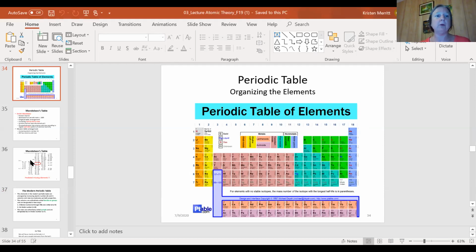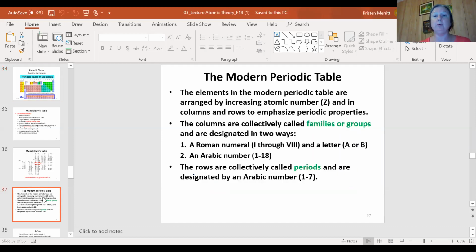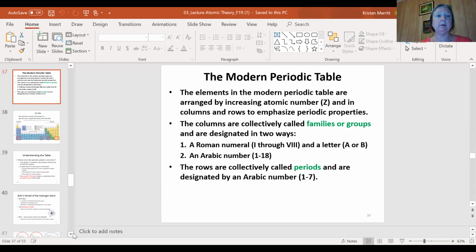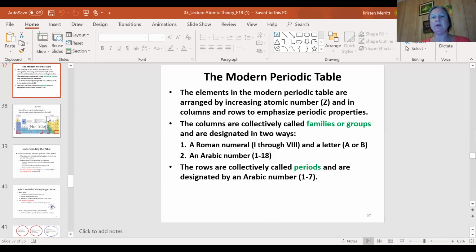But the way I learned, and honestly the way most chemists use, is the Roman numeral 1 through 8 and a letter A or B. It's broken up. So there's a history behind that, but just be aware that there are 2 different ways. They're both accurate. And that's how we designate the groups.